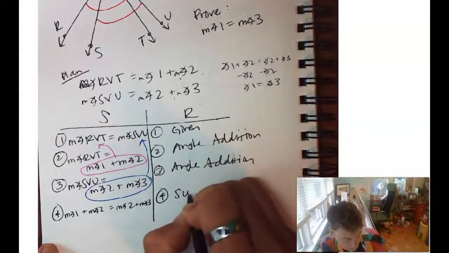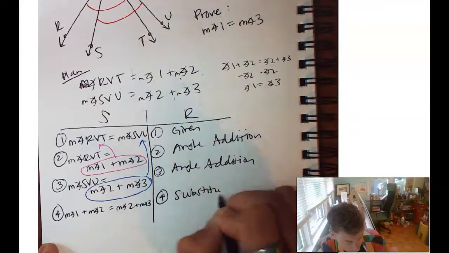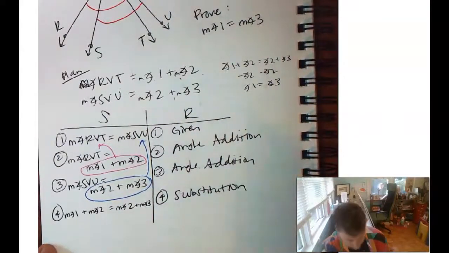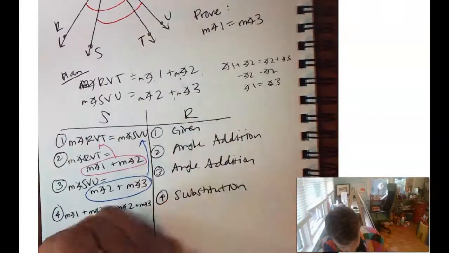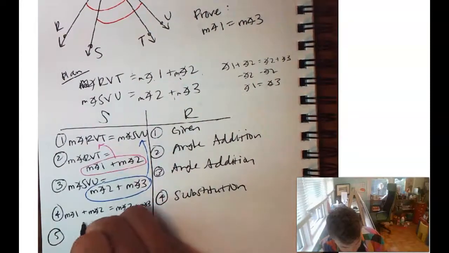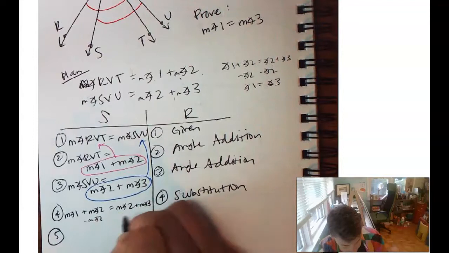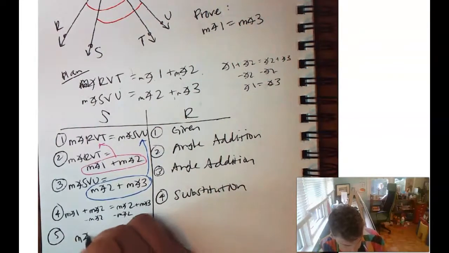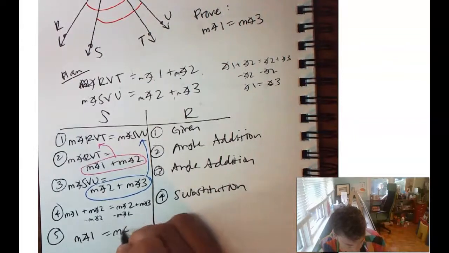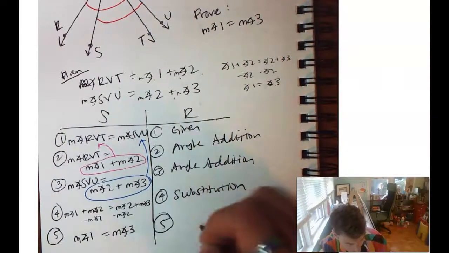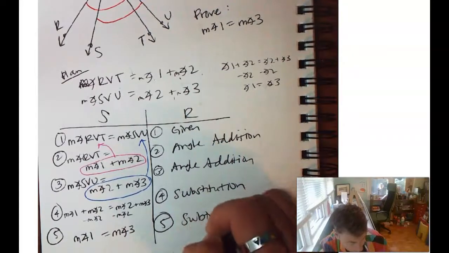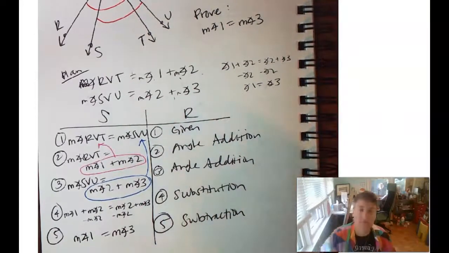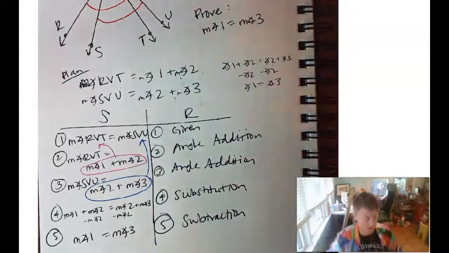That's by substitution. Okay. Then we can subtract the measure of angle 2 from both sides to get the measure of angle 1 equals the measure of angle 3. That was by subtraction. Okay, fabuloso! Très bien.